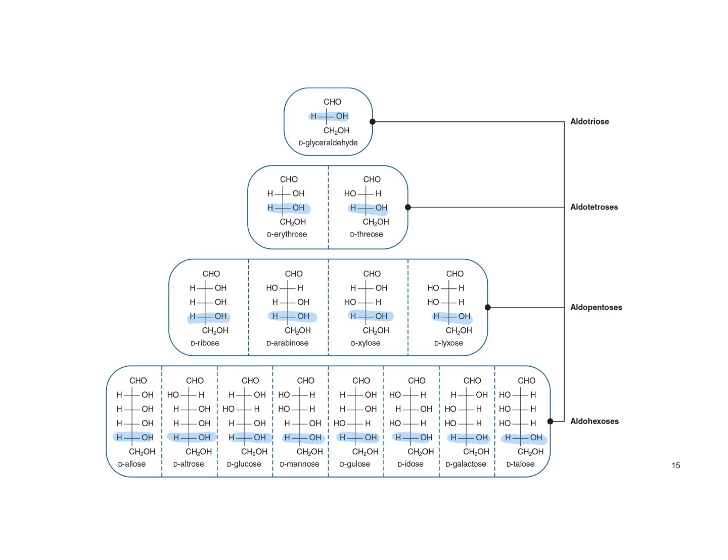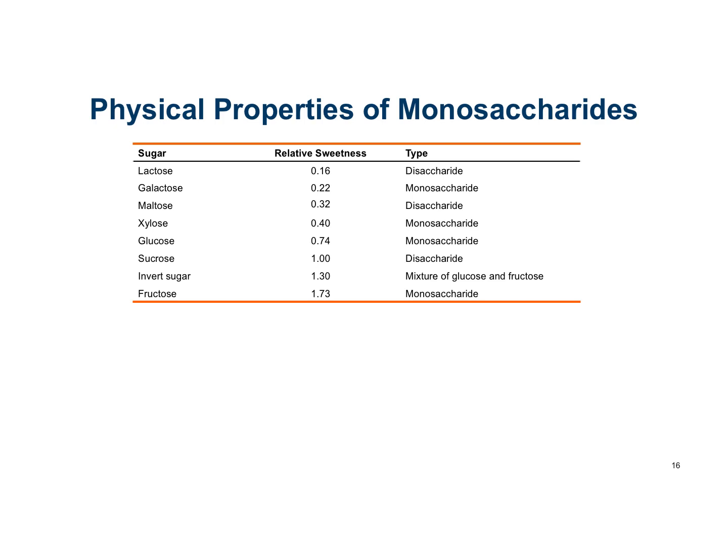You can also see where they're classified based on the number of carbons. So glyceraldehyde is an aldotriose, the aldotetroses are here, the aldopentoses are here, and the aldohexoses are here. The other half, which would be the enantiomers, are not shown. So we're just looking at the D enantiomers here.